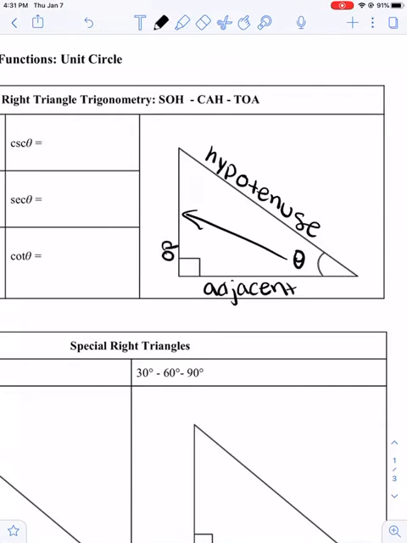So this is opposite. Now this works only when theta is in this corner. If theta was over in the other corner, then this would look a little bit different. But here, we're looking at theta over in this corner, so that is our opposite, hypotenuse, and adjacent.